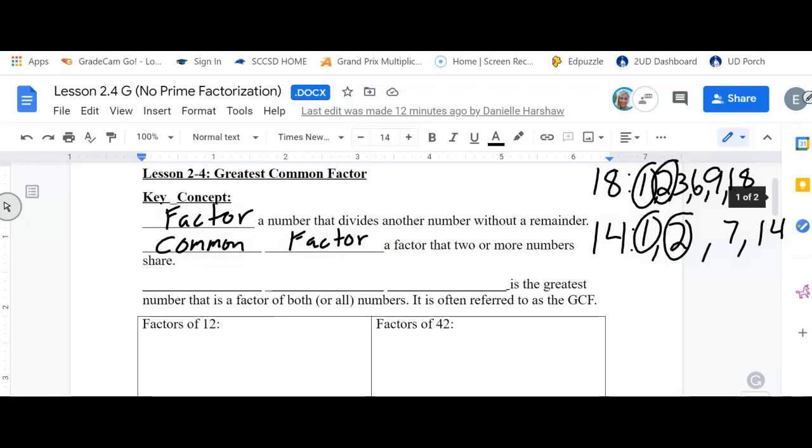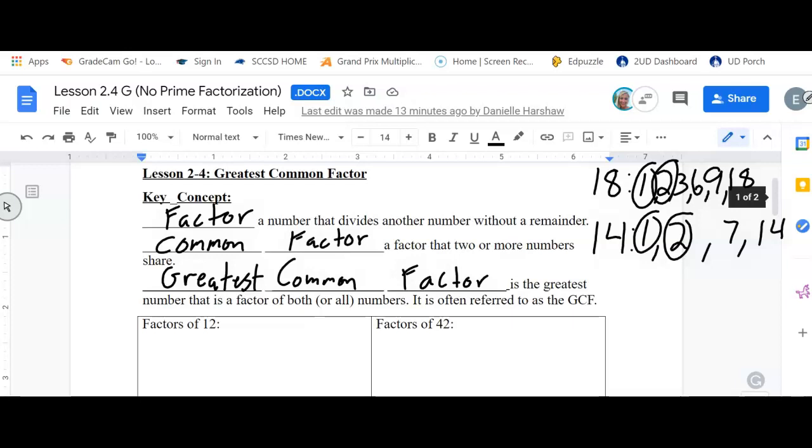That's common factors. The last one says blank, blank, blank is the greatest number of factors of both or all numbers. It is often referred to as GCF. Greatest common factor. You got it. So what is the greatest number that the factors share?